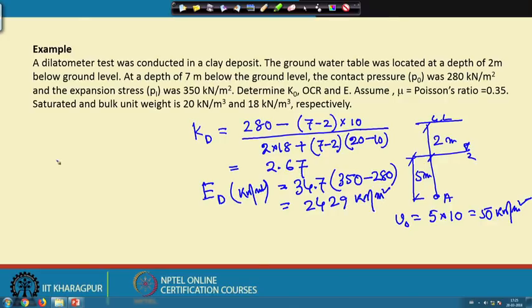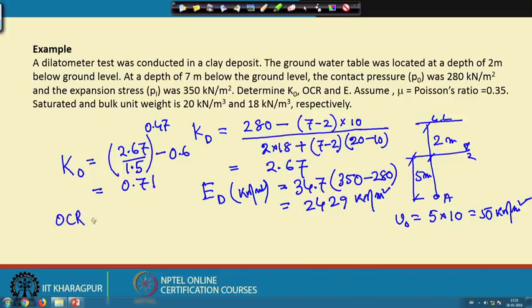Now, if I use the K0 expression, K0 is equal to 2.67 divided by 1.5 to the power 0.47 minus 0.6. So, the K0 value is coming out to be 0.71.